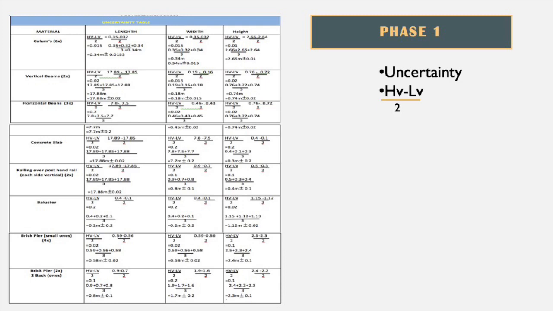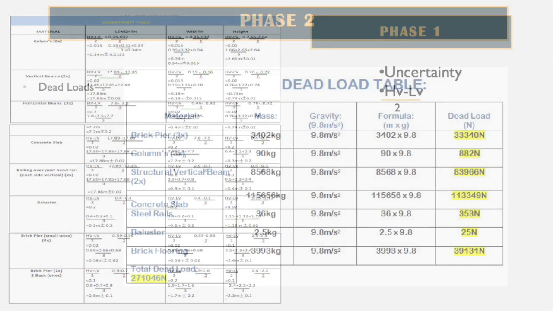With the high value of 0.35, take away the low value of 0.32, divided by 2, we get the uncertainty, so it is 0.34 plus or minus 0.0153, and that is your length. You repeat the same steps with the width and the height to get the uncertainty. With all these steps followed, you will go to Phase 2 and complete Phase 2.